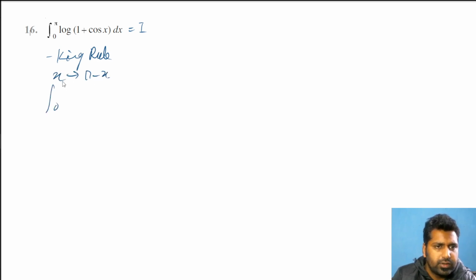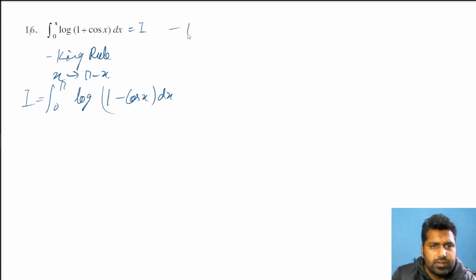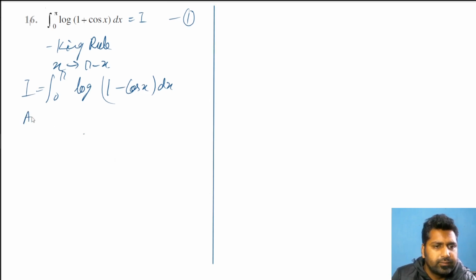So integration 0 to pi, this becomes log of 1 plus cos(pi minus x), which is minus cos x, dx. This is also I. Add them.